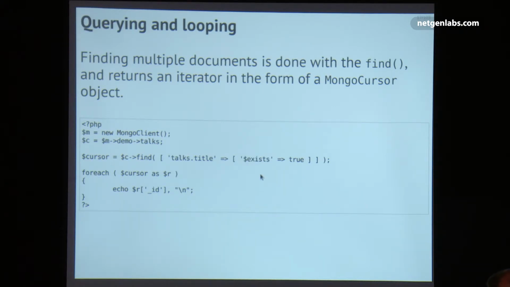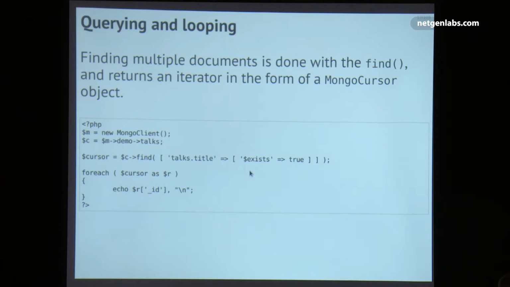In this case, I'm using exists, making sure that I only want to find documents in my collection where talks.title exists. Because in a NoSQL database like MongoDB, fields don't actually have to exist, right? So with an exists test, you can make sure that you're only getting documents where this field exists. Now, instead of exists, I could also use greater than or equal, which would be $GTE.